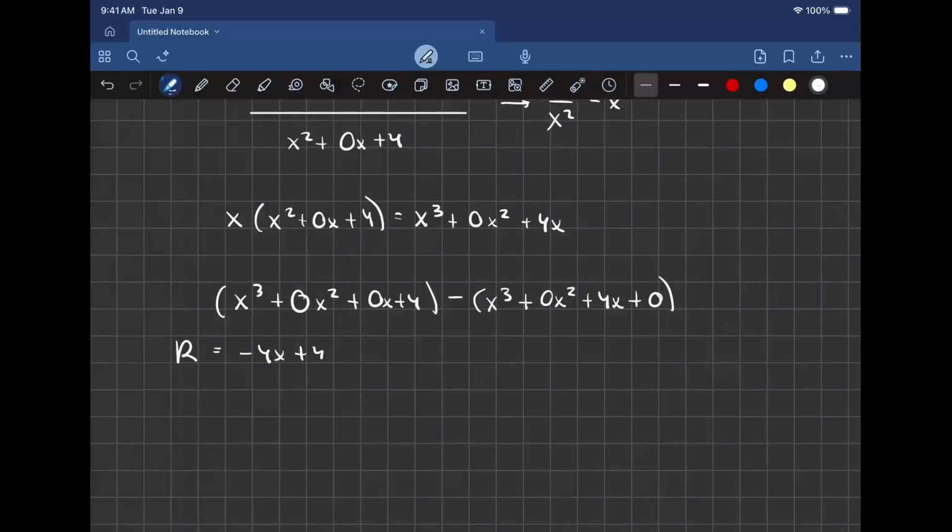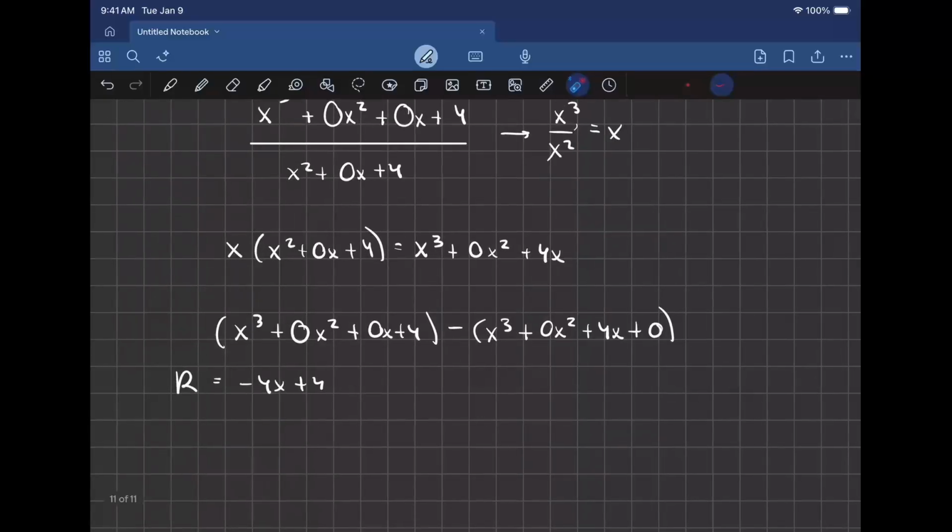So this is actually our remainder. I can call this r. The stop condition for polynomial division is that the remainder's degree is less than the divisor's degree. So the degree of our remainder here is 1, right? Degree 1 for x, which is less than 2, which is the highest degree of our divisor. So we can actually stop.